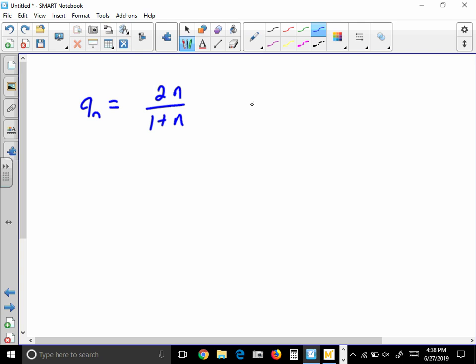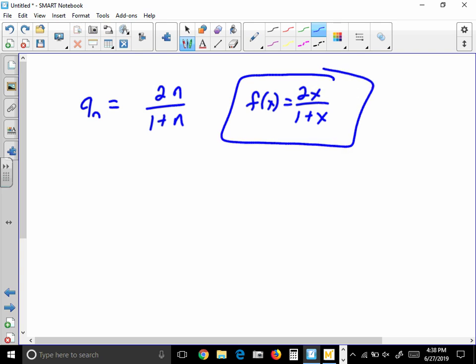So let's compare it to its corresponding function. The only difference is the domain. For this function, x can be anything but -1. For the sequence, n is only positive integers.